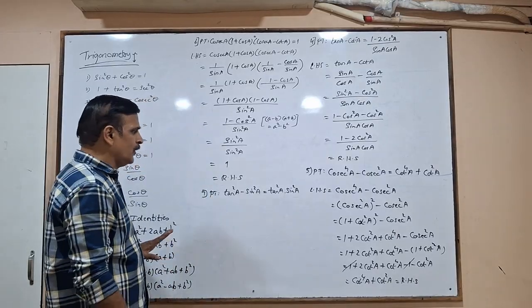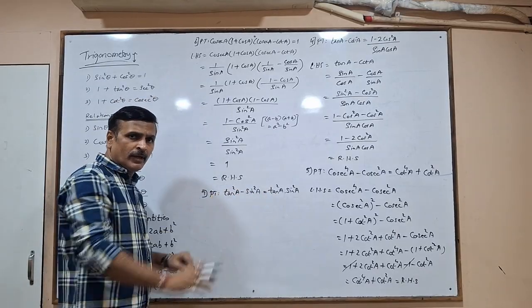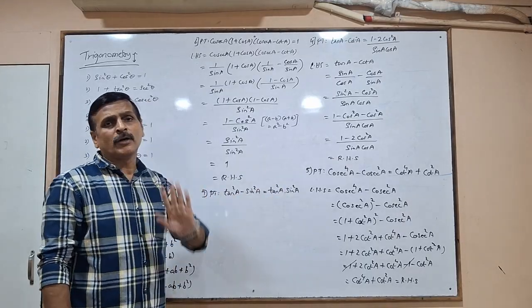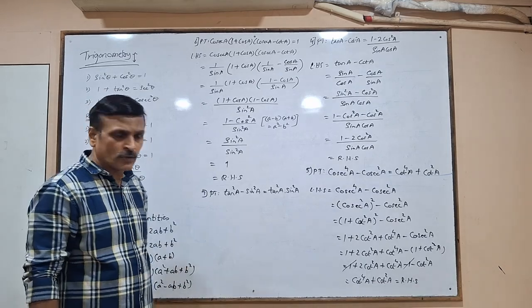Again same rule. There is no direct identity which can be applied because of tan square, sine square. We have to convert it to sine and cos.